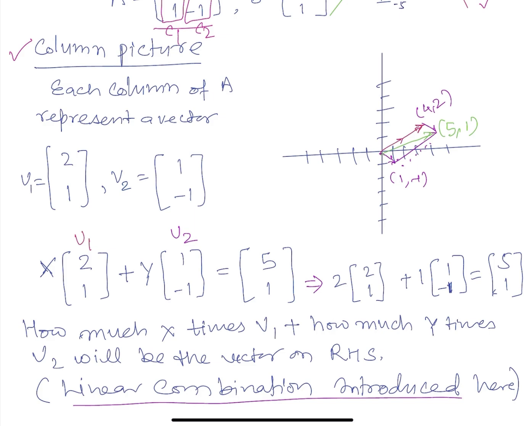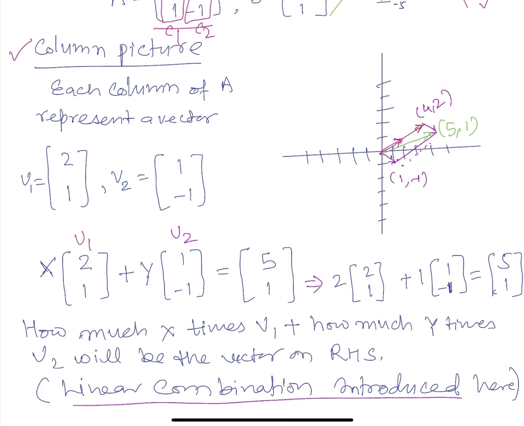Now in the xy plane, the first vector from the origin is (2, 1), so it runs two units along the x-axis and then one unit along the y-axis. So this is the vector.